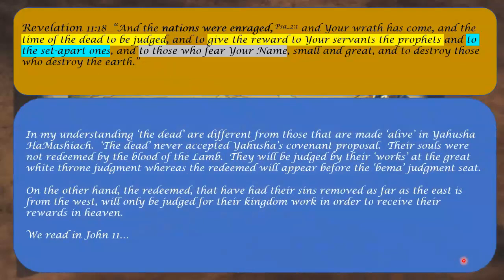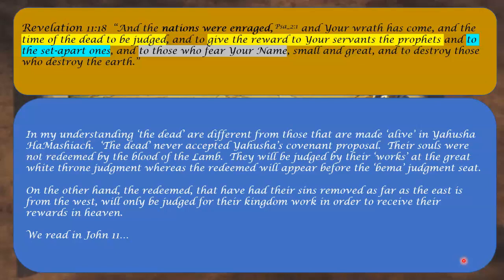So let me just go on to explain a little bit about my understanding of the dead, which are different from those that are made alive in Yahusha HaMashiach. Now, keep in mind, no soul entered heaven before Yahusha HaMashiach. No soul entered heaven before Yahusha HaMashiach.